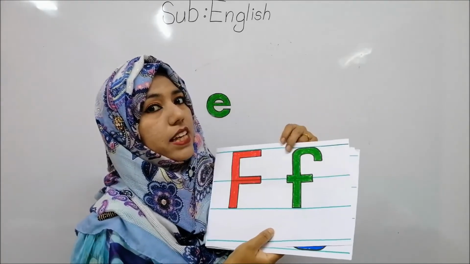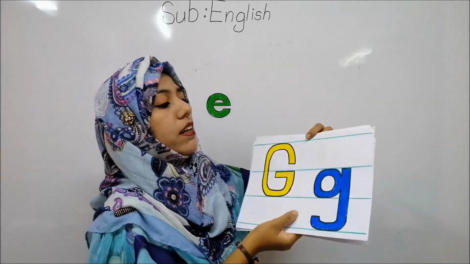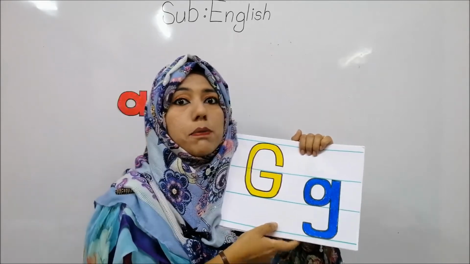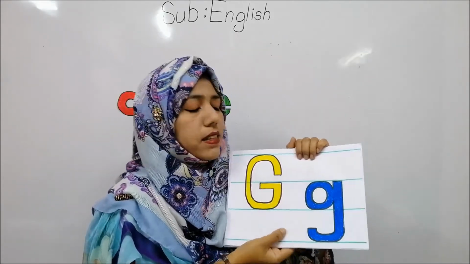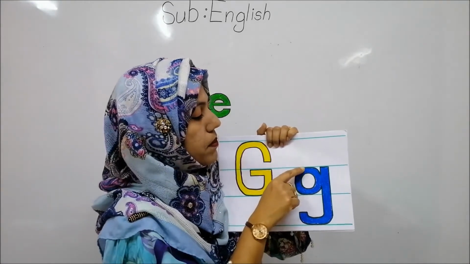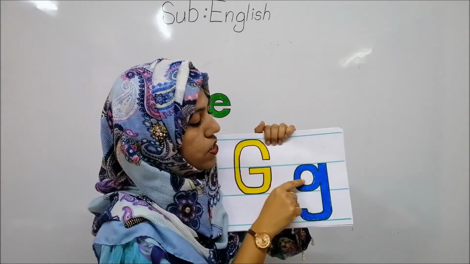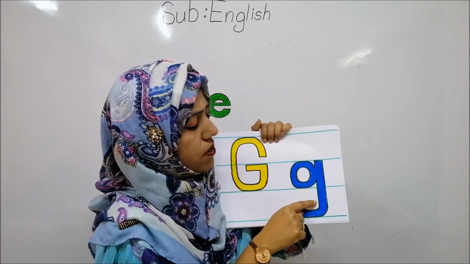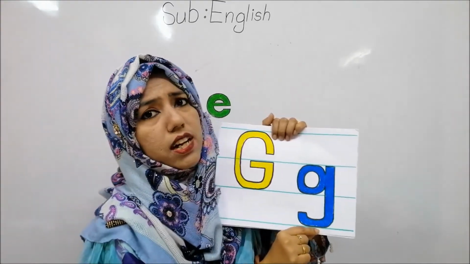E, F, then G. Wow, look, G starts from second line. I think it will be Mr. Turtle's friend, right? Okay, let's check. G starts from second line, then it goes down, touches the third line. Oh no, it's going down again and touches the fourth line.